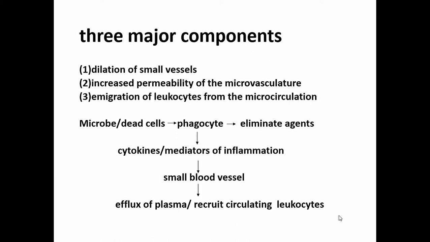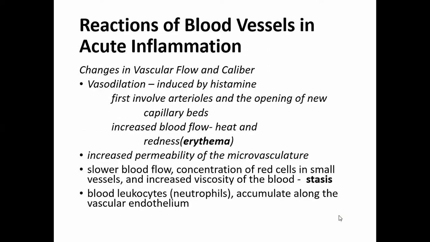Some of these mediators act on the small blood vessels and promote the efflux of the plasma and the recruitment of the circulating leukocytes to the site where the offending agent is located.